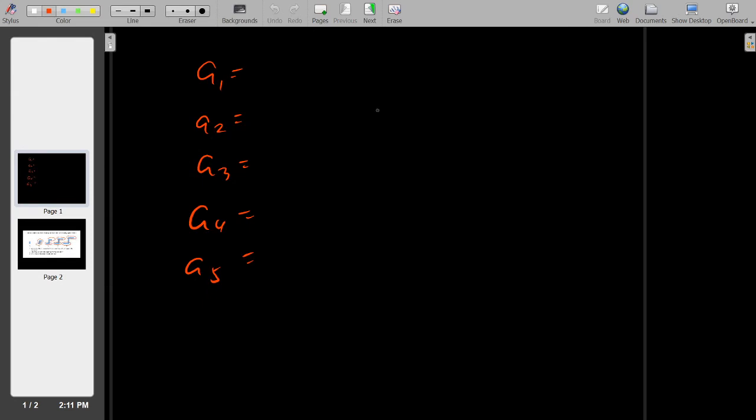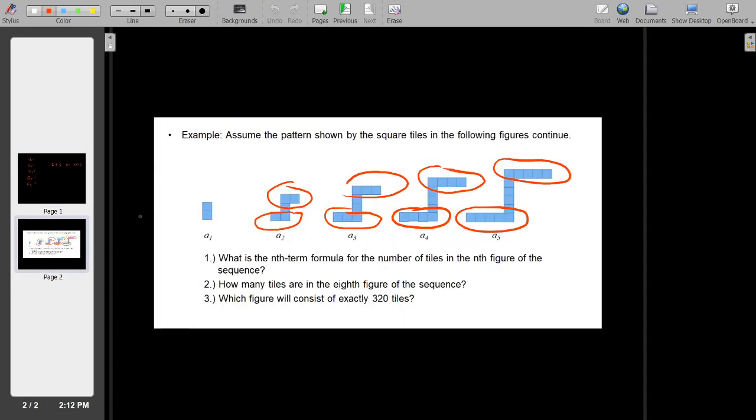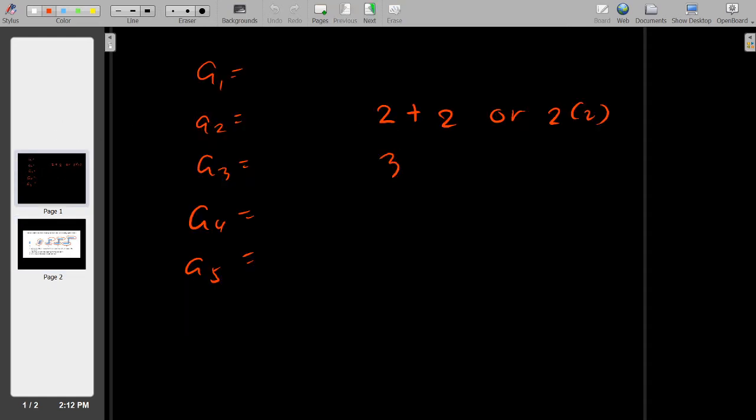In the second figure, you have 2 tiles in each of the horizontal section, or we can write it as 2 plus 2, or 2 times 2. In the third figure, you have 3 tiles in each of the horizontal section, or we can write it as 3 plus 3, or 3 times 2.